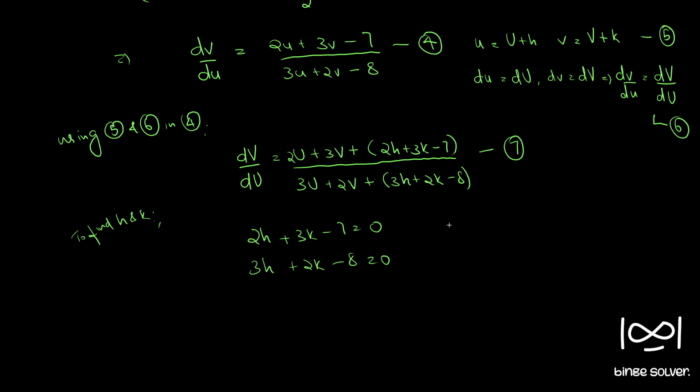So h/(−8 × 3 − (−14)) ... h/(−24 − (−14)) = k/(−21 + 16) = 1/(4 − 9).